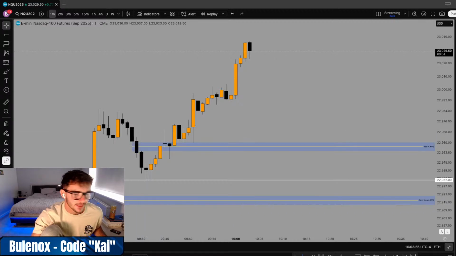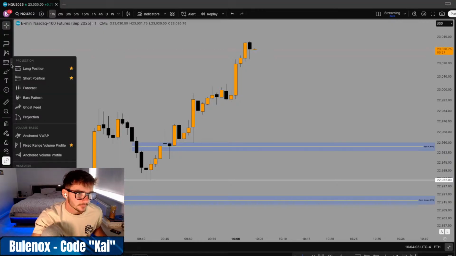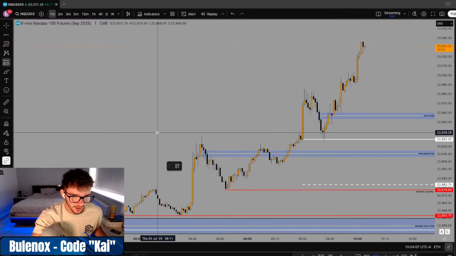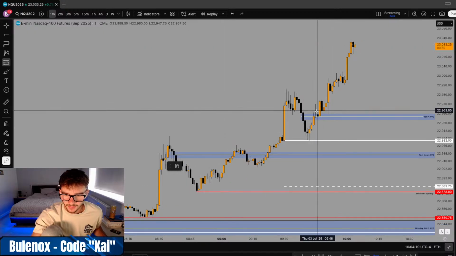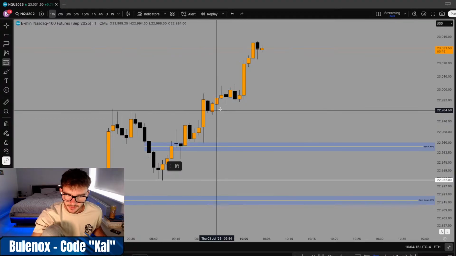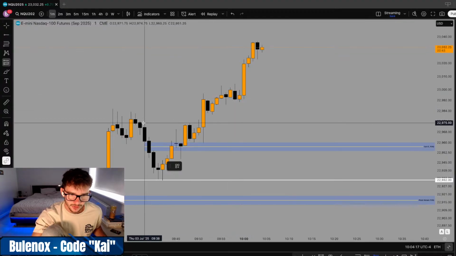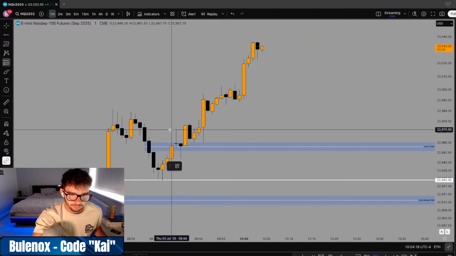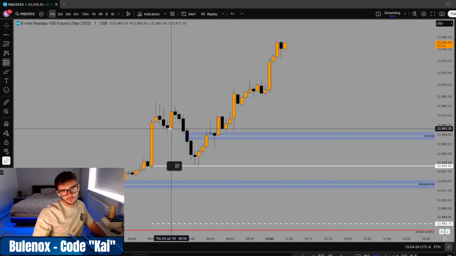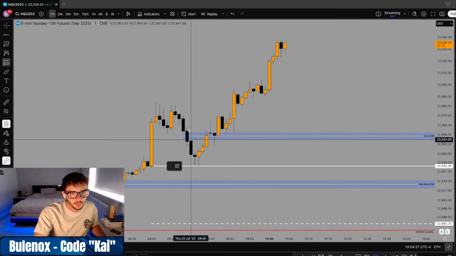Yeah, so with that, if that's first presented there, then that would have been obviously a nice long. But I entered short off that fair value gap, which again I don't think is an outrageous thing to do. It is a bit stupid. The only bad thing that I did in that entire trade was entering before 10 AM news, but I entered 15 minutes before it. So if I was wrong, I would have been wrong by then.